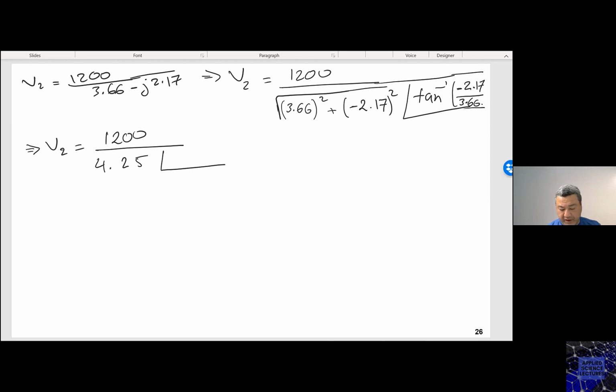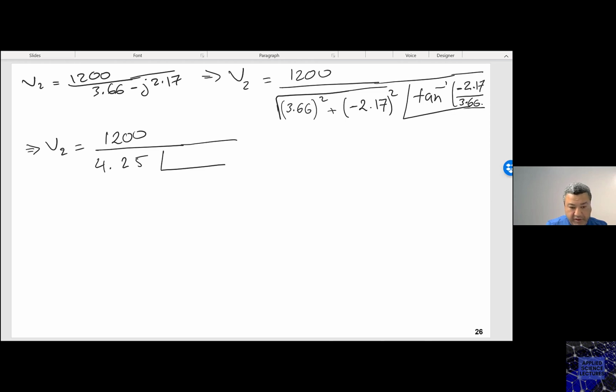Tan inverse. The imaginary is negative and the real is positive, right? So where are you expecting the angle to be, in which quadrant? Fourth.